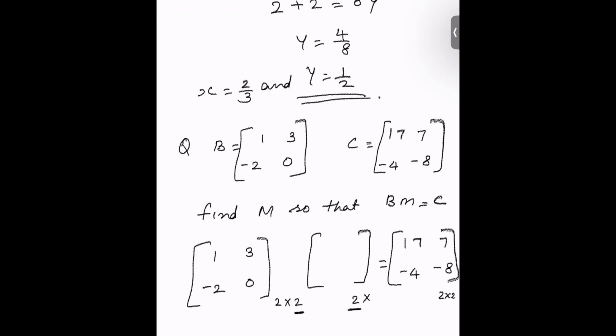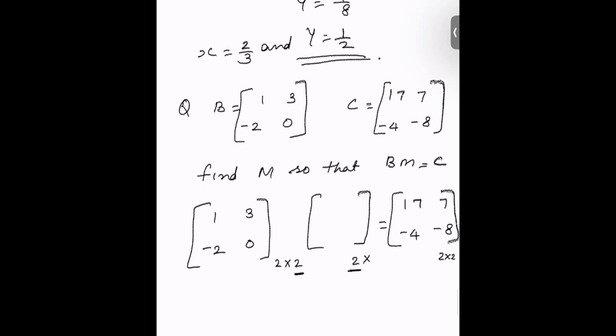I found out the value 2 here. The number of rows in matrix M is going to be 2. From where did I get it? Because matrix multiplication is possible only if the number of columns of the first matrix is equal to the number of rows of the second matrix. So that's how I am getting 2.